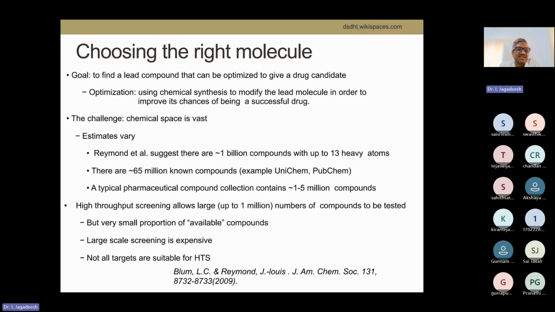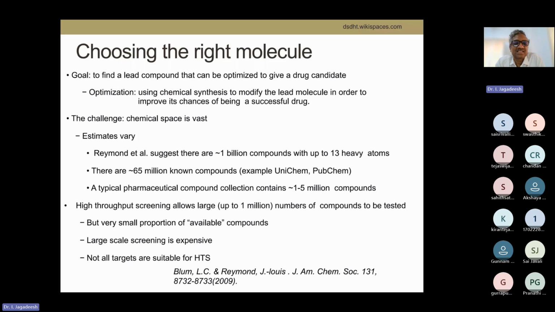But the challenge is that the chemical space is very vast, where we have 10 to the power of 20 chemicals. The estimates come very low, a number less than 10. What we want is a molecule, it can be 2-3 molecules, the best ones with the highest scores. So it means that among 1 billion compounds, we need those with 13 heavy atoms which follow Lipinski's rule of 5.